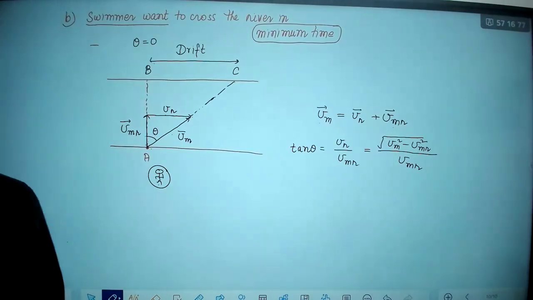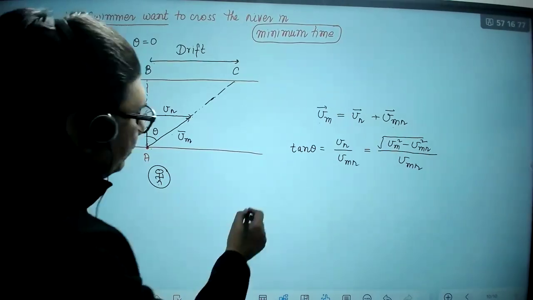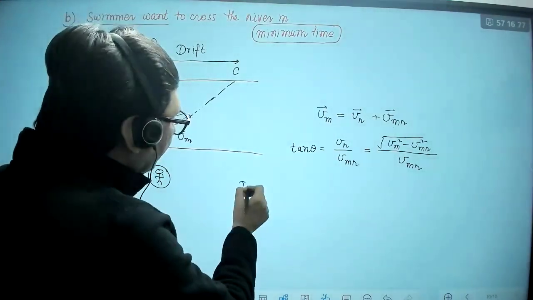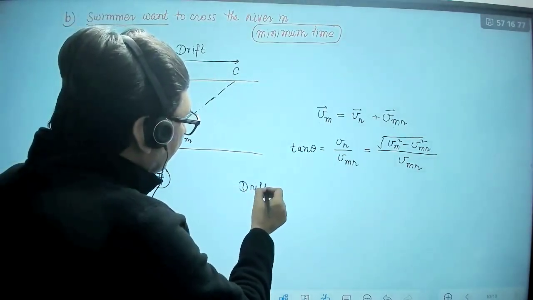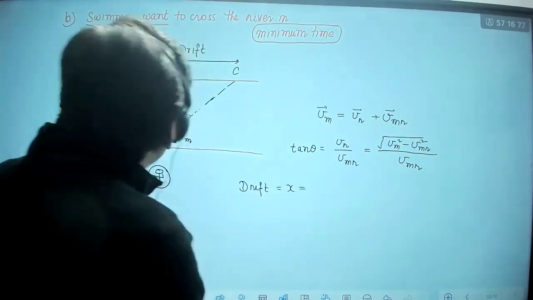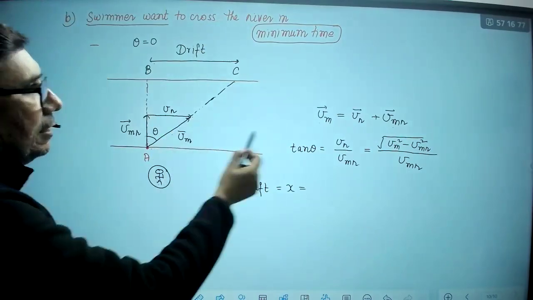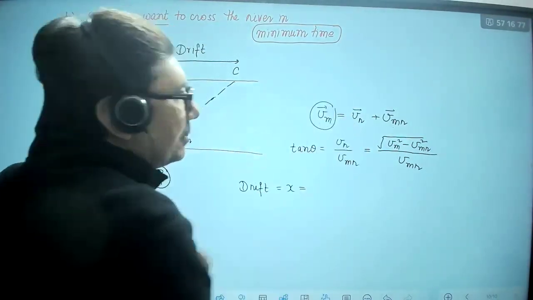Second, what will be the drift? Can you find out the drift? Drift is VR into T. This is VR. Look at this equation. You have to take the x component of this.